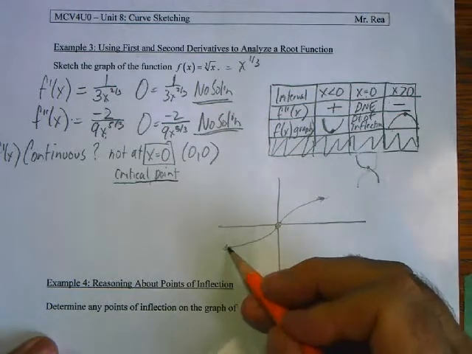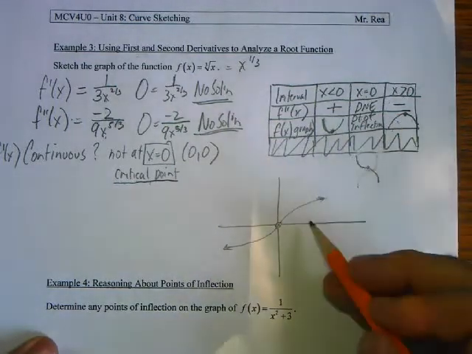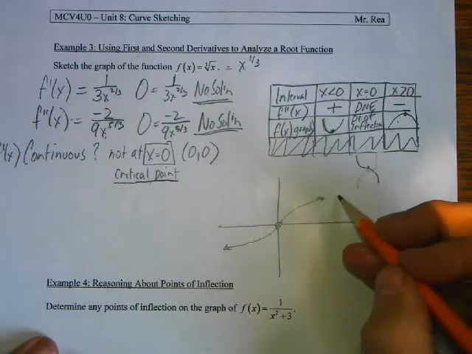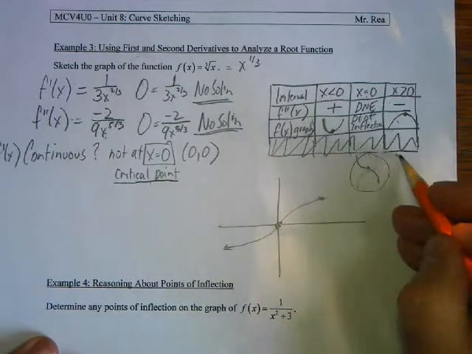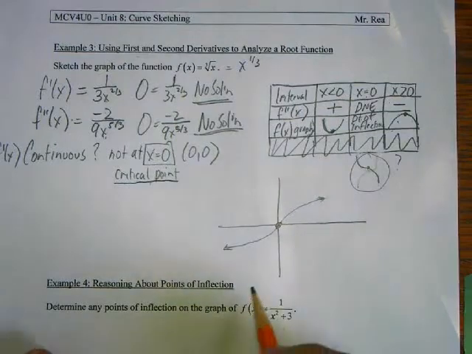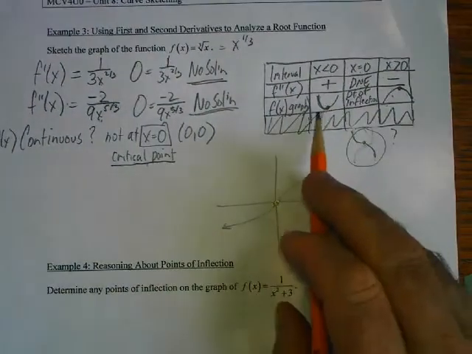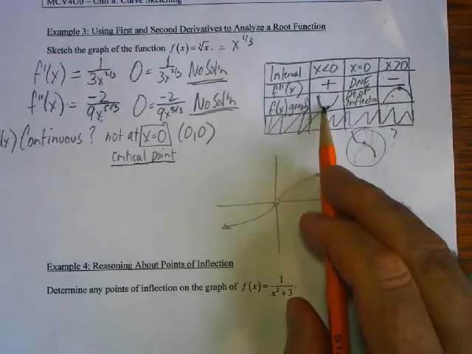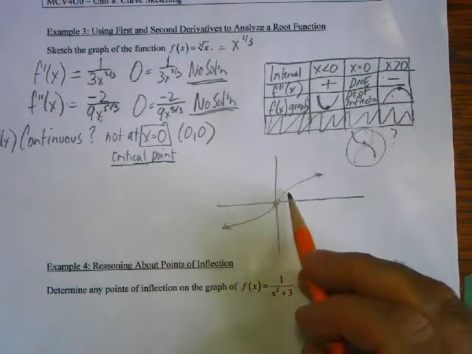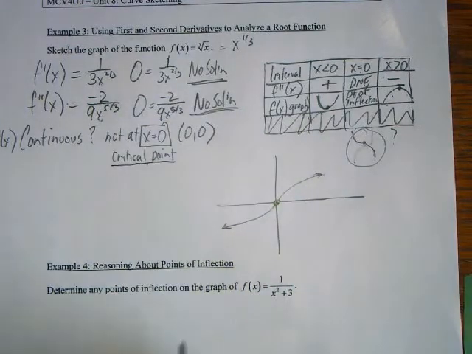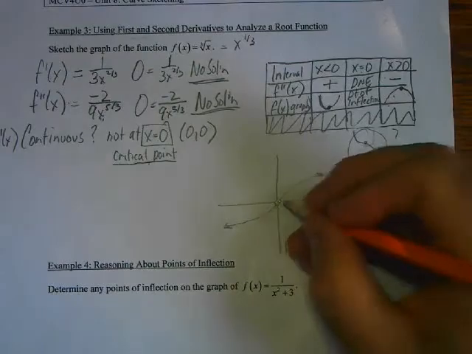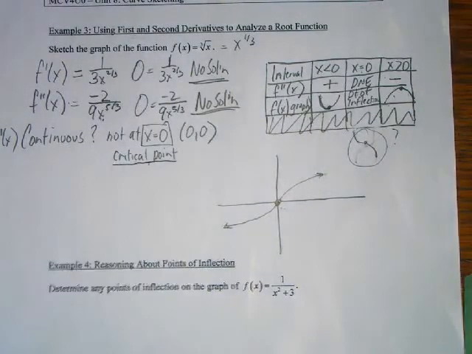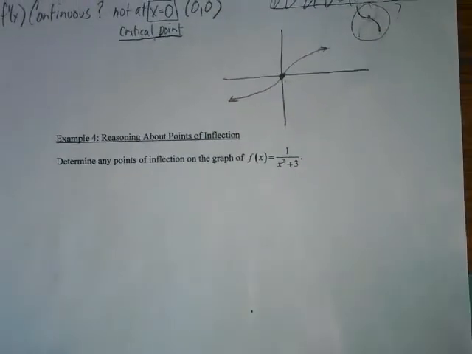So it matches up concave down to concave up like that. This is a little bit confusing, but hopefully that makes sense when you're looking at this is concave up, this is concave down. Okay, so that would be the graph, and that's your point of inflection. Okay, last question.